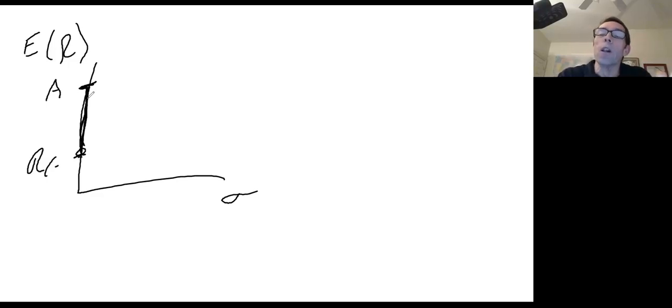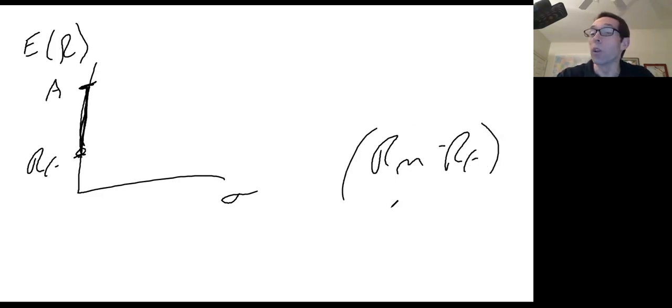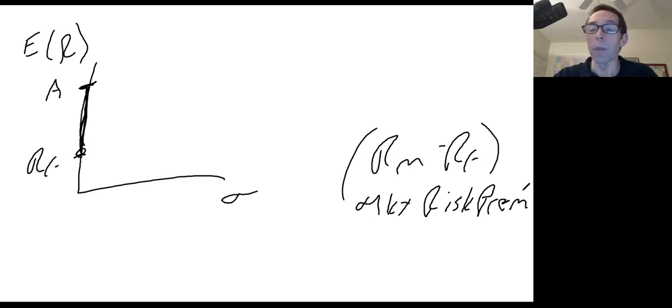So therefore, the market's risk premium must be an average risk premium. R sub M minus R sub F, we said, is the market's risk premium. So that's the market risk premium right there. And we said it's not really a knowable number, okay?